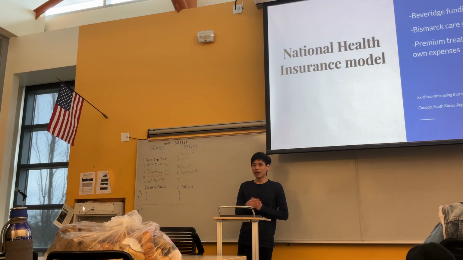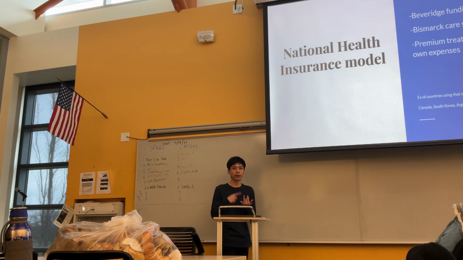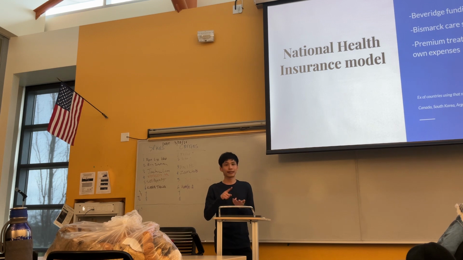In conclusion, we have learned about the Beveridge model, which is funded directly by income tax, and the Bismarck model, which is funded by insurance payments from employees and employers, and also the government. And lastly, the National Health Insurance model, which is funded by the government, and the services are executed the Bismarck model way.